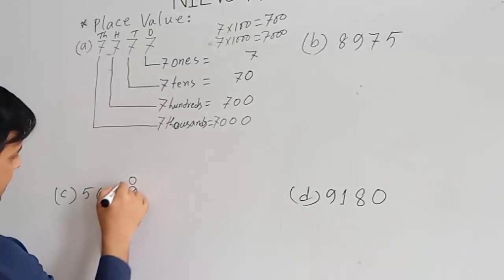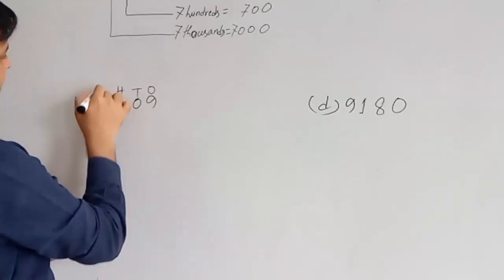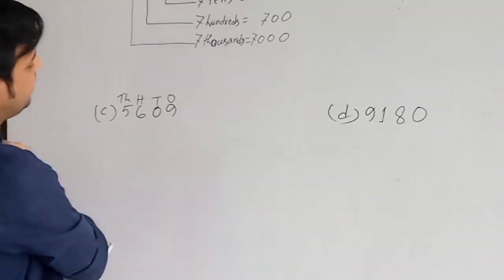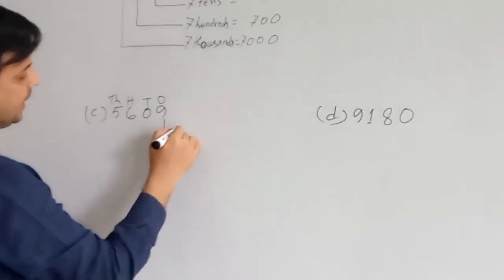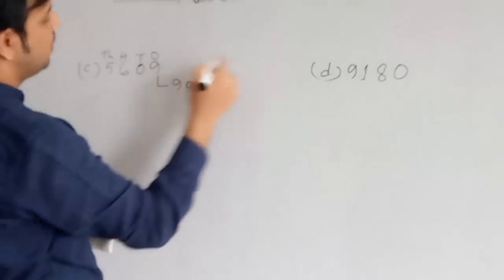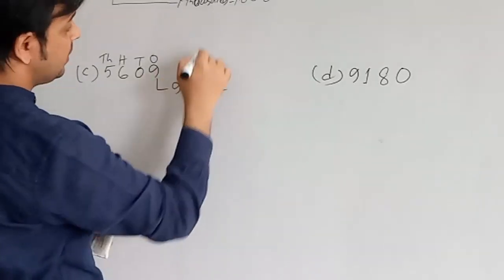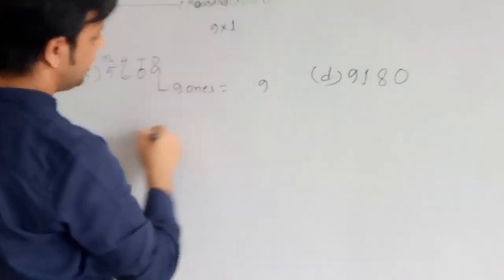Here, ones place is 9, tens place is 0, hundreds place is 6, and thousands place is 5. So, we can show the place value of 9 at first. This is 9 ones. So 9 ones means 9 multiplied by 1, this will be 9.